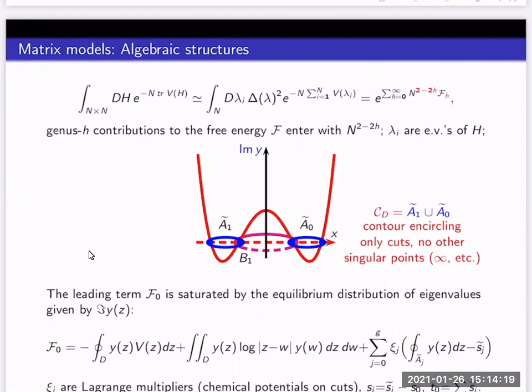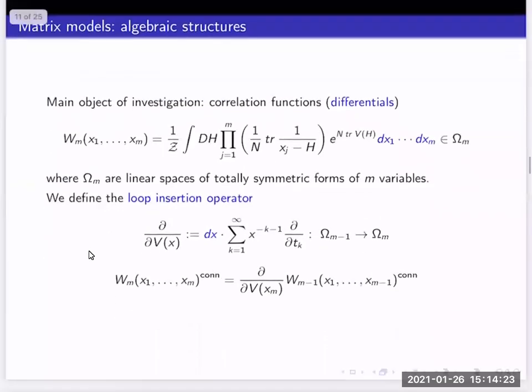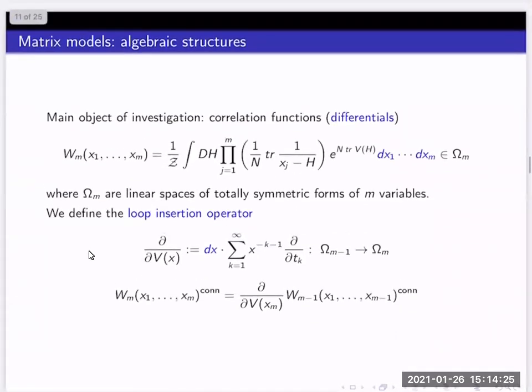So let's consider the next part, and what are the objects that we are about to study, the objects for which we are going to make the corresponding topological recursion. So main objects are correlation functions.